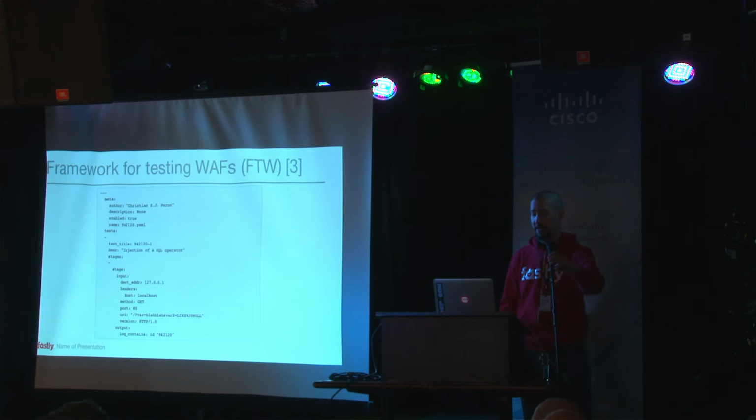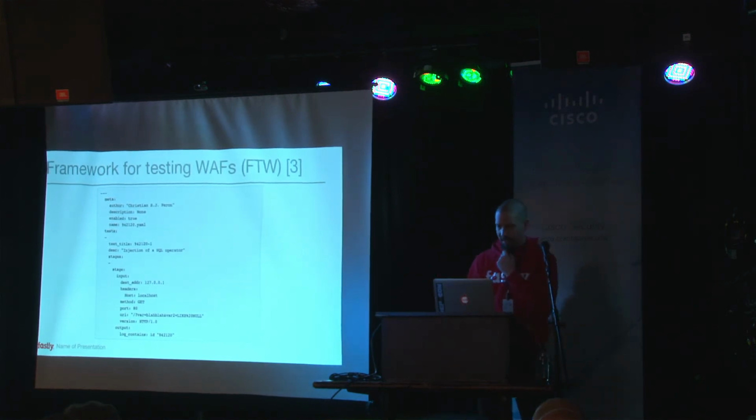This was one test that I wrote for rule 941120. It's pretty basic. The representation is done in YAML, and this particular test is for a rule looking for SQL operators. The other thing is you don't need to be able to write code to structure your request; you just need to be able to create this YAML.